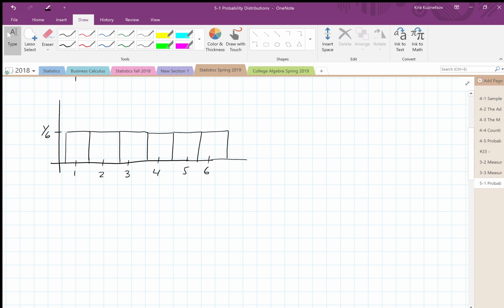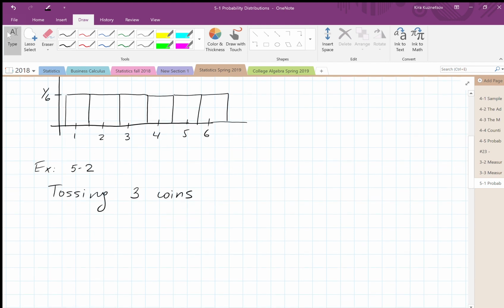My next example is tossing coins. This is example 5-2 on the next page. We are tossing 3 coins and counting the number of heads.